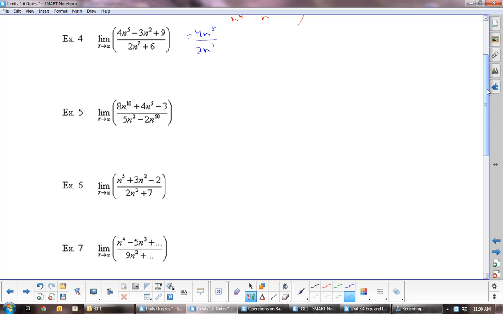Because the bottom is way, way larger, right, when you put infinity in there. So this does give you 0.